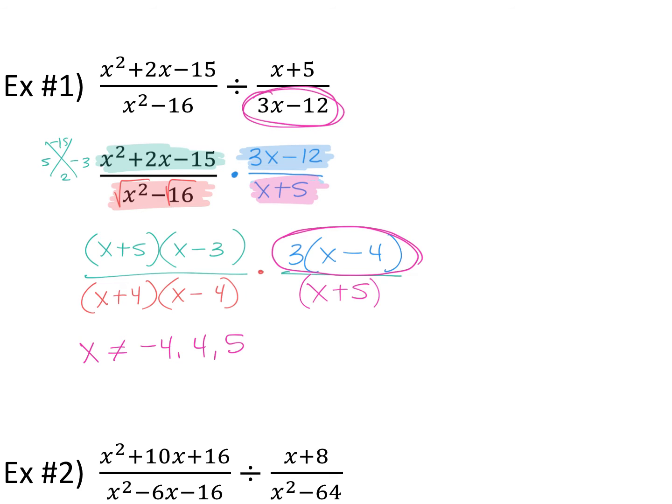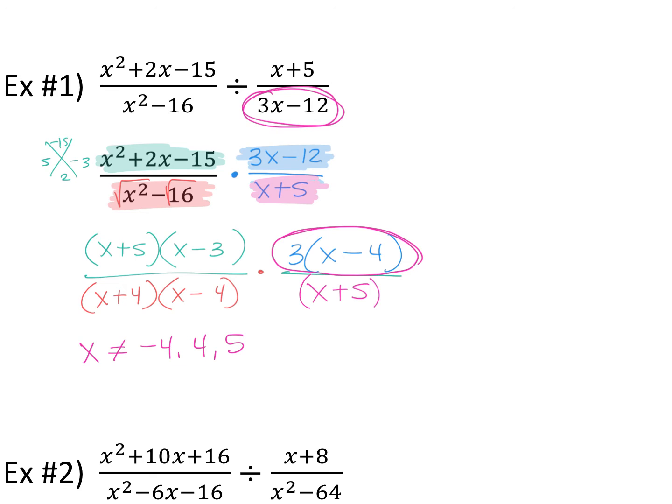We have to call that a restriction as well. Now in this one, it's nice because it's a number we already wrote down. So if you forgot to do it, it wouldn't penalize you, right? But there's plenty of them where it won't be the same number and you need to make sure you state that restriction.